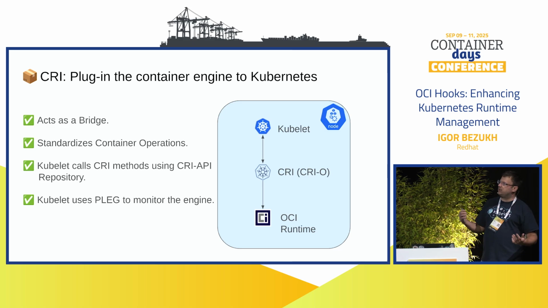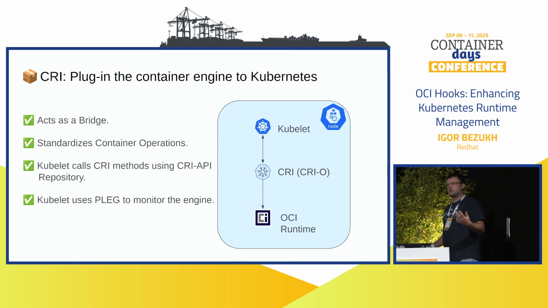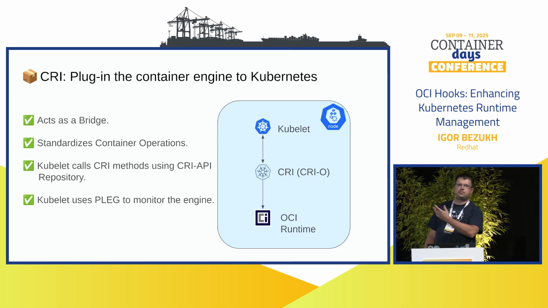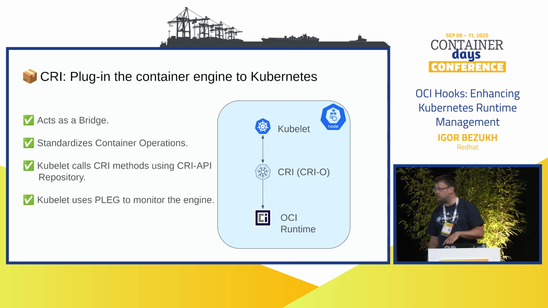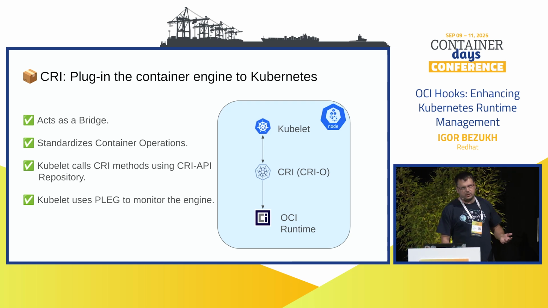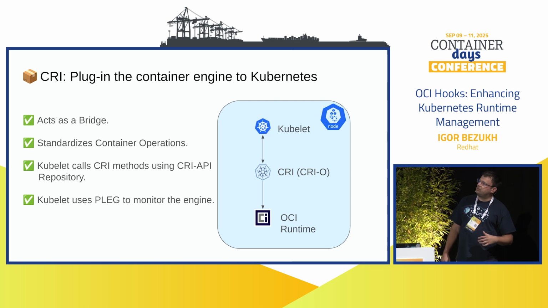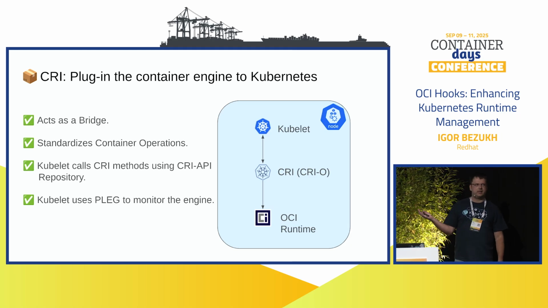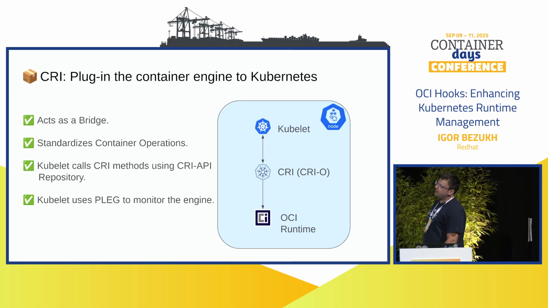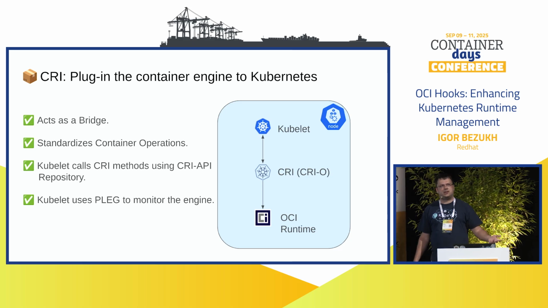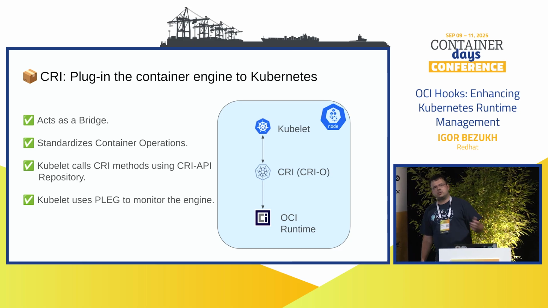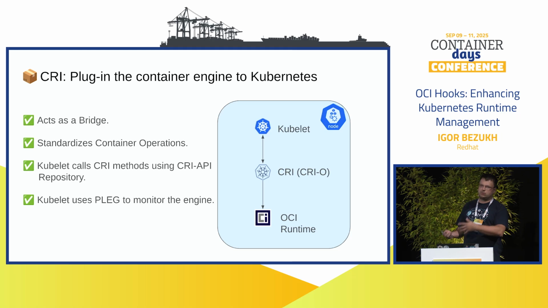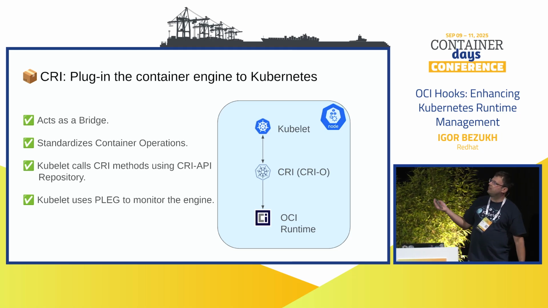If you are an engine and you want to comply with the orchestrator, you can use the CRI API repository, and the opposite: if you are a container orchestrator and you want to use CRI-compatible engines, you can use the same CRI API. The CRI API repository basically defines the lifecycle for the container that you need to comply with.